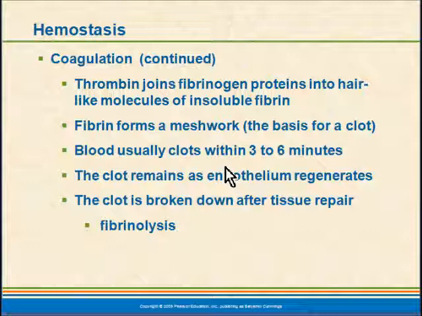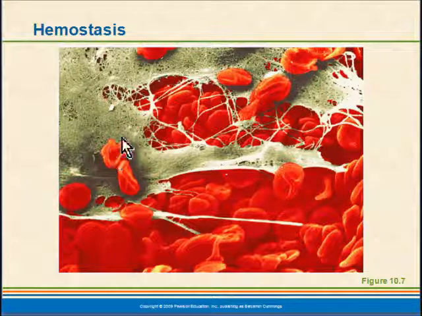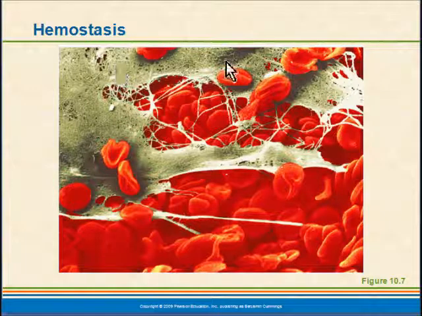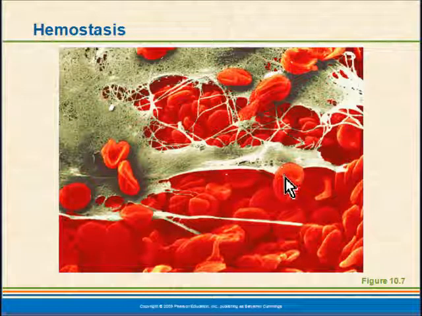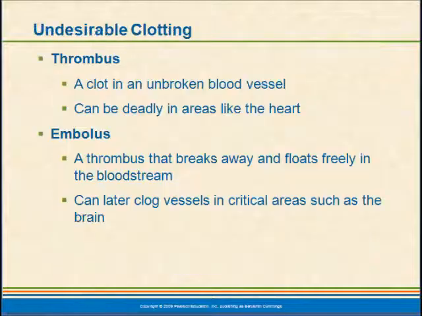There is a mechanism in our bloodstream to break down the clot after tissue repair has occurred. This is a fibrinolytic system, which means just that it is breaking down the fibrin. And if you were to see a clot form, you would see something like this. Now, this is color enhanced, but you can see that these are red blood cells, and you can see this meshwork of fibrin interlacing this and holding it all together.